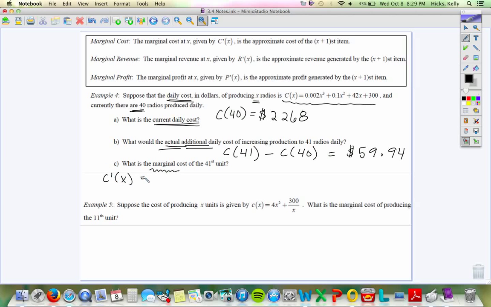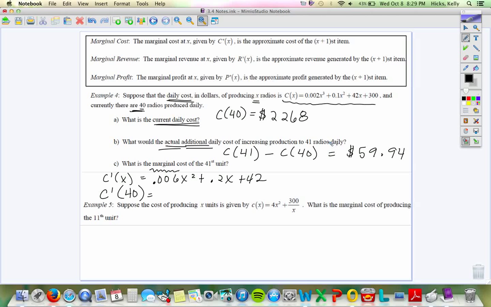C prime of x is equal to, after you take the derivative of this, 0.006x squared plus 0.02x plus 42, and then you plug in 40.